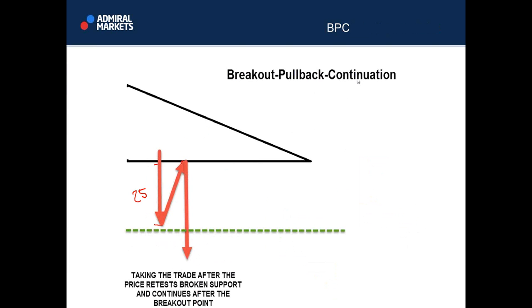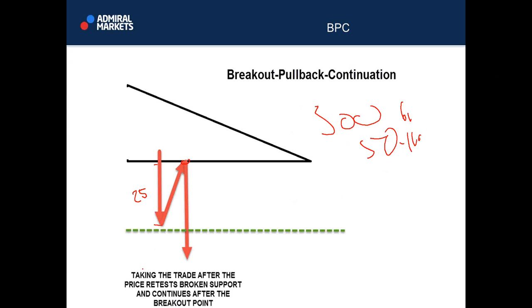Now, you see, if you traded this from here, you would have made 25 pips. Continuation was assumed to be the best one, but that was back in time when currency pairs did 300 pips per day. Today, sometimes it's 50, it's 100, it's 60, so BPCs are not so good as they were back in time.